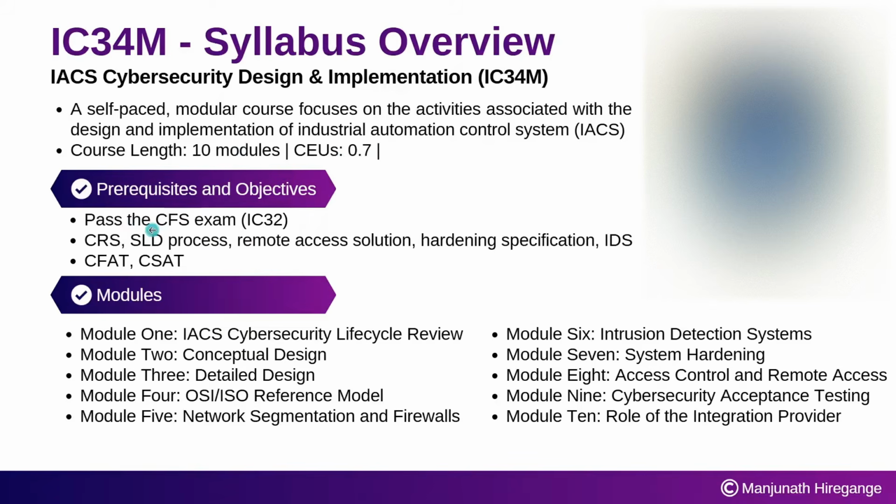To take this course, you must have already passed the IC32 exam, that is the Cybersecurity Fundamentals Specialist exam. Some of the key areas included in this IC34M training are cybersecurity requirement specification, security level determination process, remote access solution, hardening specification, IDS, and you will also be covered on CFAT, CSAT, and more.